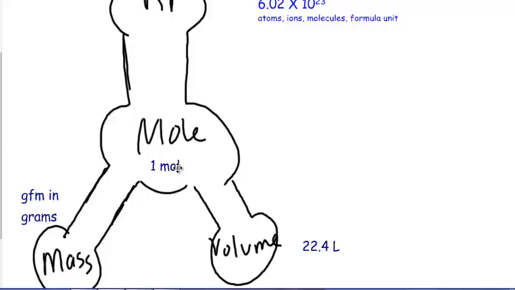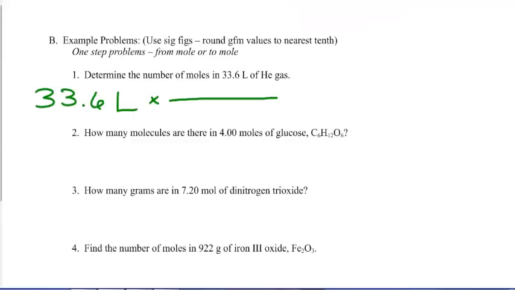If I think of this as a map with each of these areas as a place on the map, I'm only needing to go down one road from volume to mole. So I'm going to use what we call one conversion factor. And a conversion factor is simply a fraction that compares two values. So I've set it up with my known times my one conversion factor.